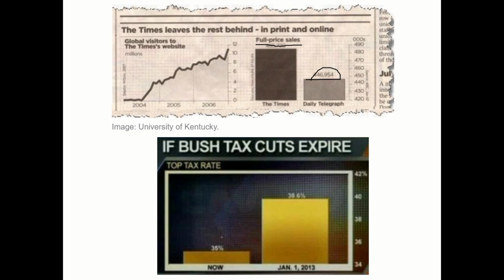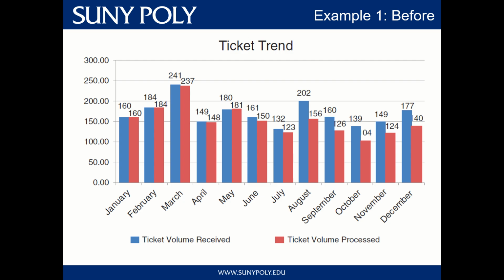But if you check the chart, it looks like it's going to jump three or four times. I mean, they want to make a point for sure, but it can be misleading because the difference is not that high. Again, that's because of the y-axis. There are some books I have seen, like How to Lie with Statistics or How to Lie with Charts, and they have this type of example.